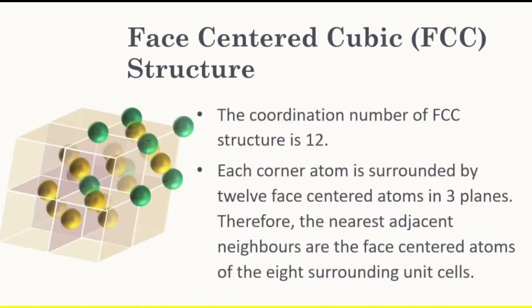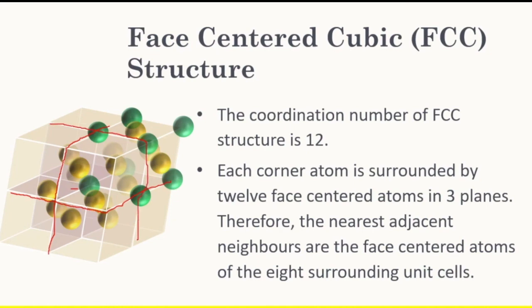Now from here we can see that the center atom is close to the face centered atoms, which are 12 in number. As you can see here, in this plane there are 4 face centered atoms, then in this plane there are 4 face centered atoms, and then in this plane there are 4 more face centered atoms.